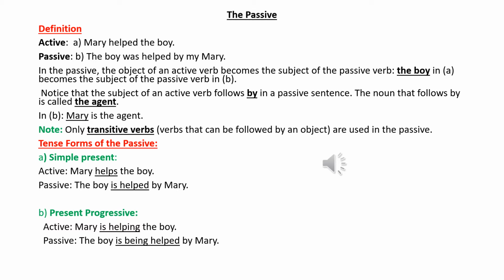In this case, the boy in A becomes the subject of the passive verb in B. Notice that the subject of an active verb follows by in a passive sentence. The noun that follows by is called the agent. In B, Mary is the agent.